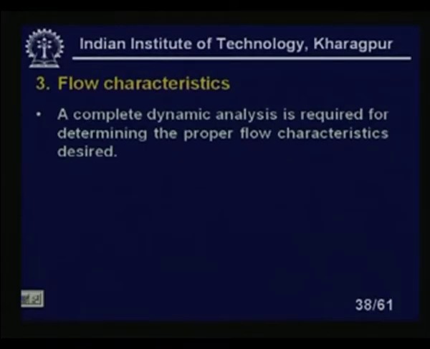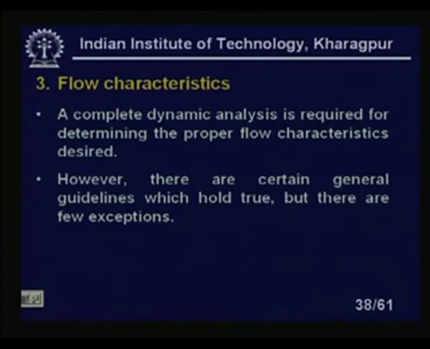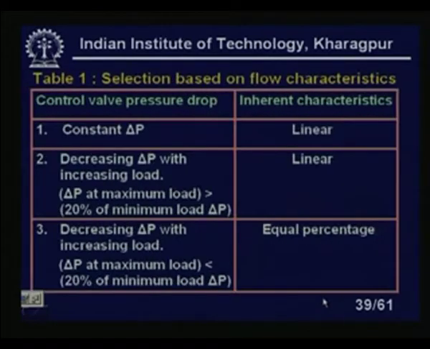Flow characteristics. A complete dynamic analysis is required for determining the proper flow characteristics desired. The typical flow characteristics I need are equal percentage, linear, quick opening, these are basically the flow characteristics. However, there are certain general guidelines which hold true, but there are a few exceptions. You see, this is a table, the selection based on flow characteristics: the control valve pressure drop, that is the pressure drop across the control valve, and the inherent characteristics.